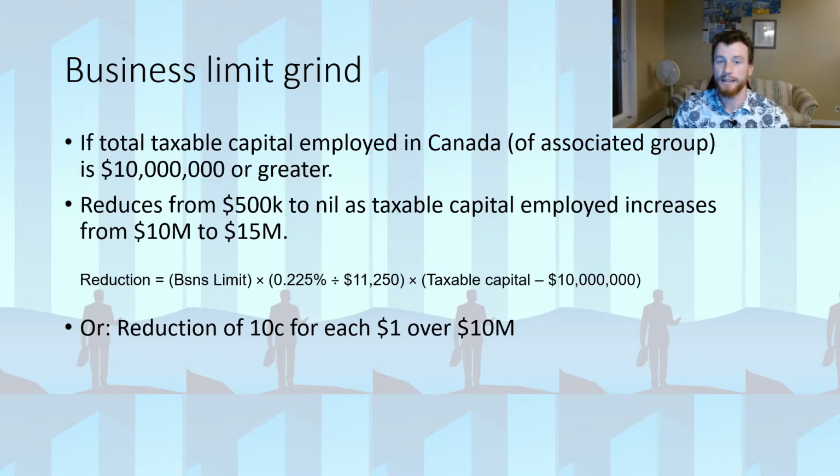It's done on a scale, so if you have $10 million worth of assets, then it will be reduced slowly to nil as your taxable capital increases from $10 million to $15 million. Using this formula here, we can define what the grind will be. However, put simply, under simple scenarios, it will be a reduction of 10 cents for every dollar over $10 million.